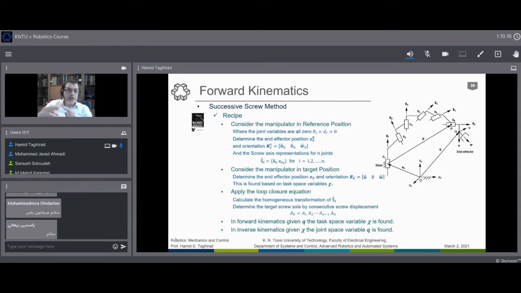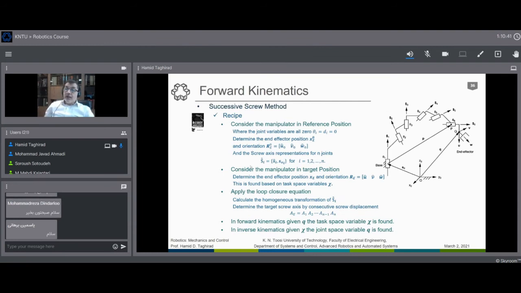And then we find the screw axis. So instead of having theta as an arbitrary angle, usually we make all the angles equal to 0 to have this representation done. We call it the reference position. With this position, we can find the screw axis and we can find the difference A1 to Ai as well.